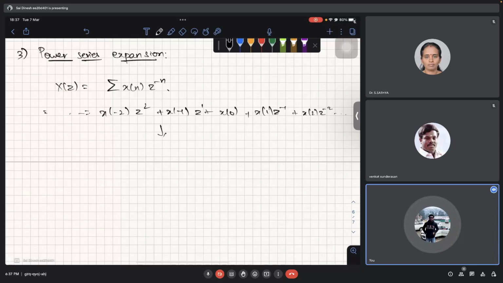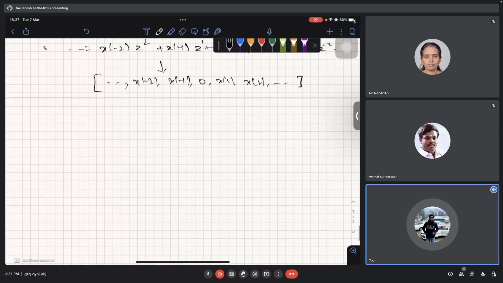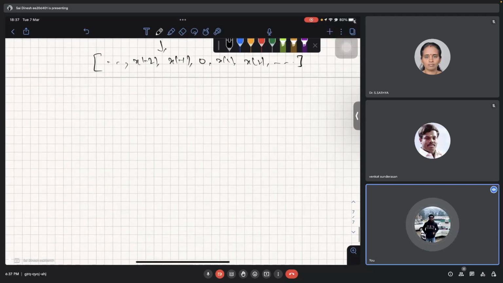From here you get x of minus 2, x of minus 1, x of 0, x of 1, x of 2 and so on. So this is the power series expansion.